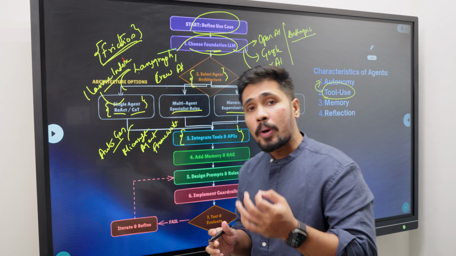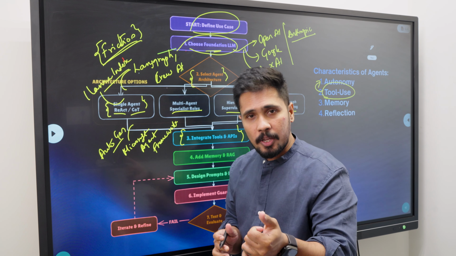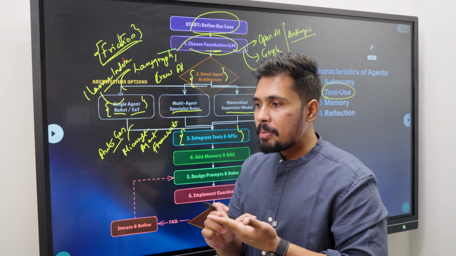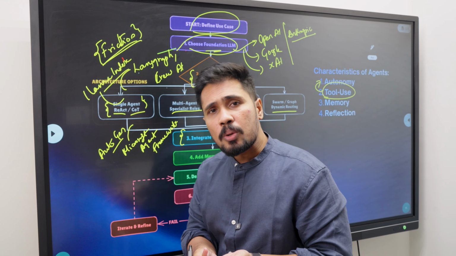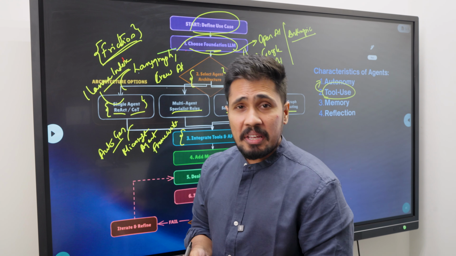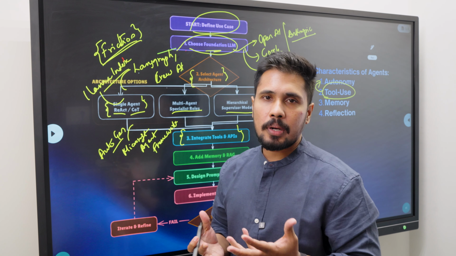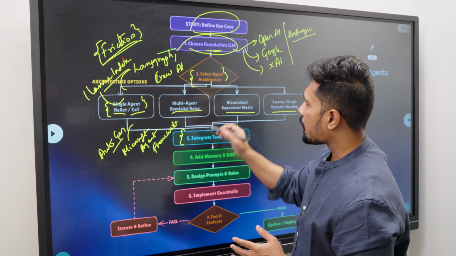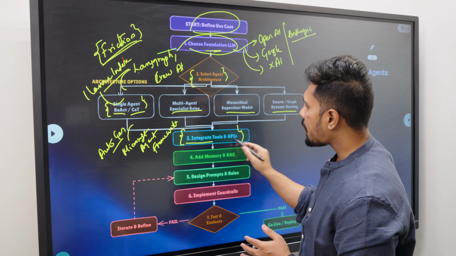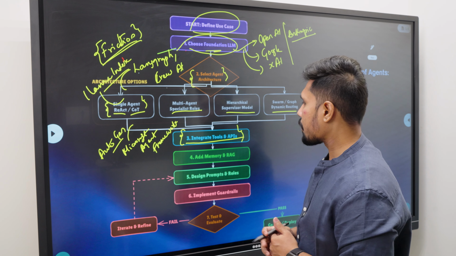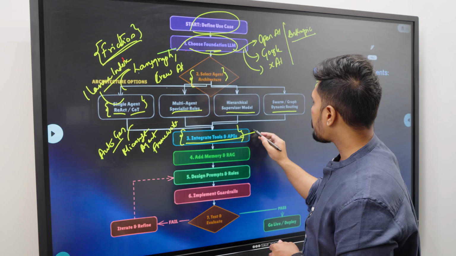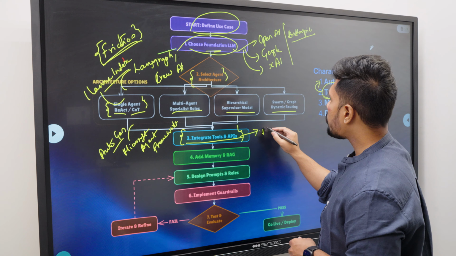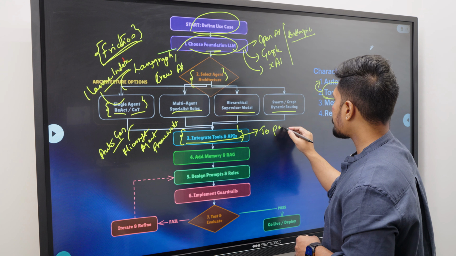For example, do I need to connect this LLM model with Gmail or with Notion, or maybe with a Python environment, or with SQL, or maybe with a PDF creator? What exactly do you want to connect with? Or maybe I want to connect with some drawing tool. So you want to connect your LLM models with another layer called the tools and API layer, so that it is able to perform. The purpose of tools is to perform tasks.